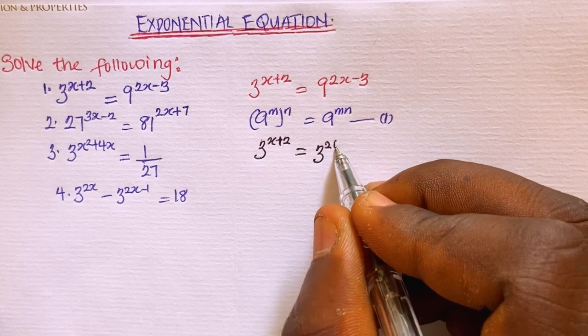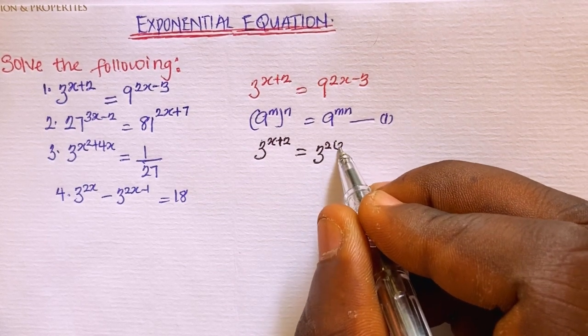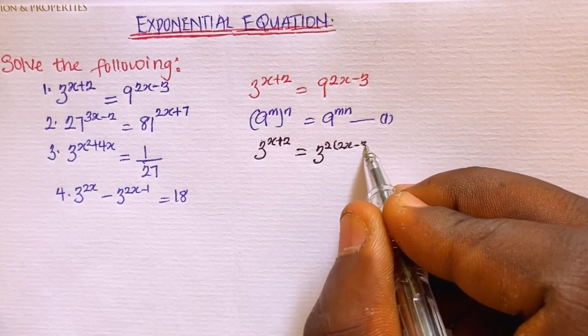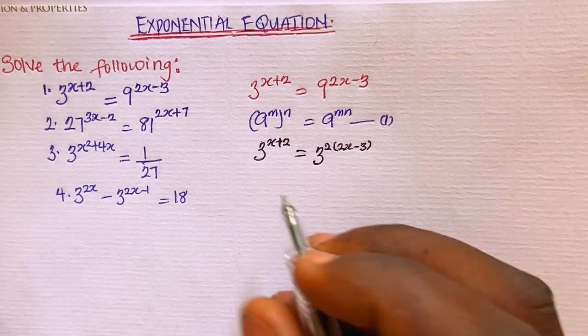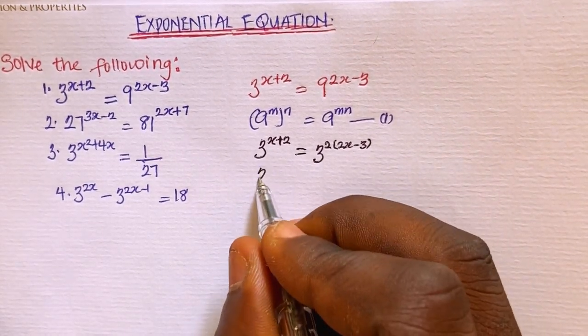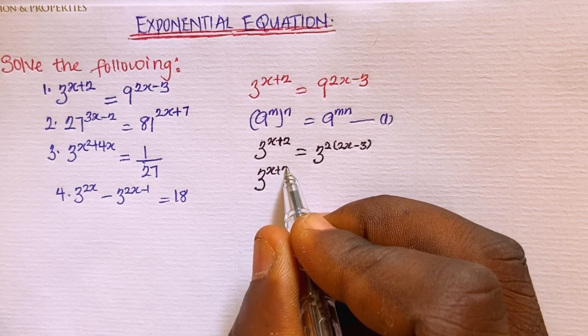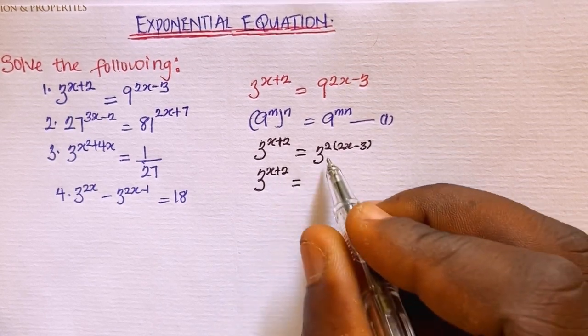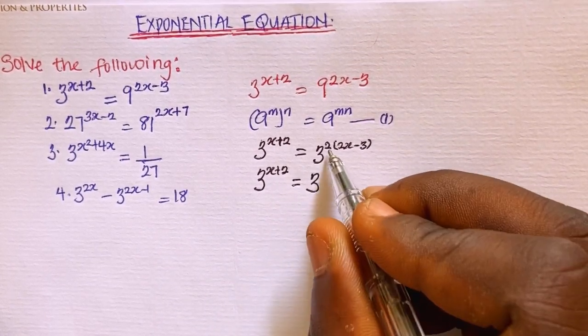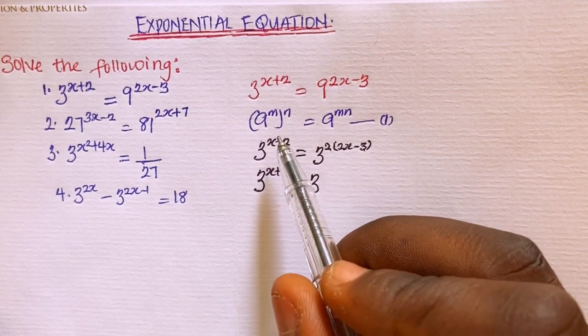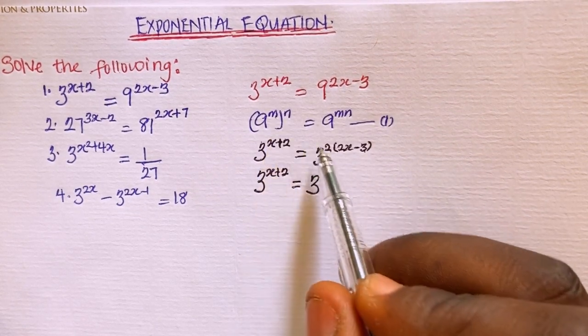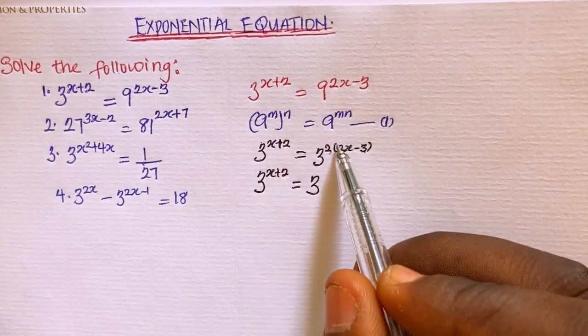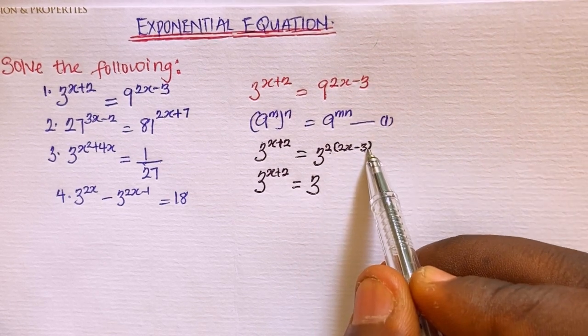Then open your small bracket here. I'm going to have 2x minus 3. Then I'm going to have 3 raised to the power of x plus 2, equal, this is actually 3 raised to the power, and I'm going to use this to open this bracket. M in this case is my 2, and n is everything enclosed inside the bracket.